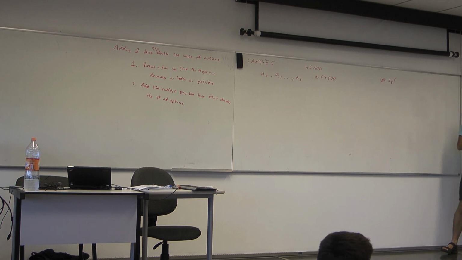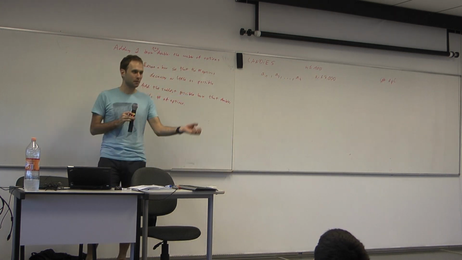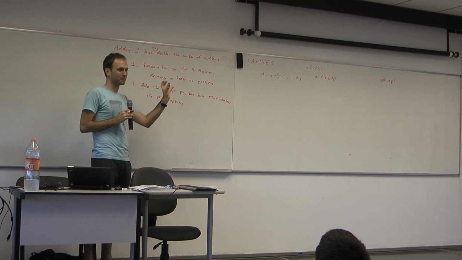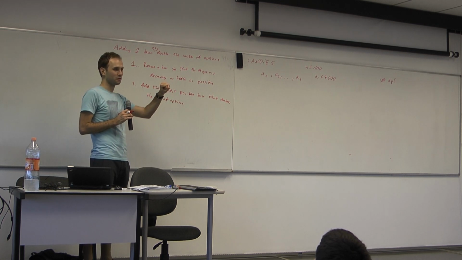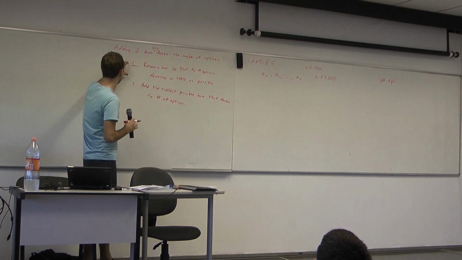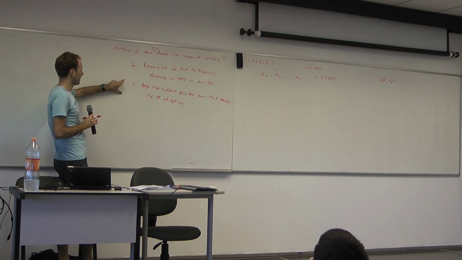Yes? How do I know there is not a better solution that doesn't double in the second stage? Well, every solution is like remove some box and then add a new one, right? So I take this optimal solution and I remove the box that it does remove. I follow this optimal solution here.